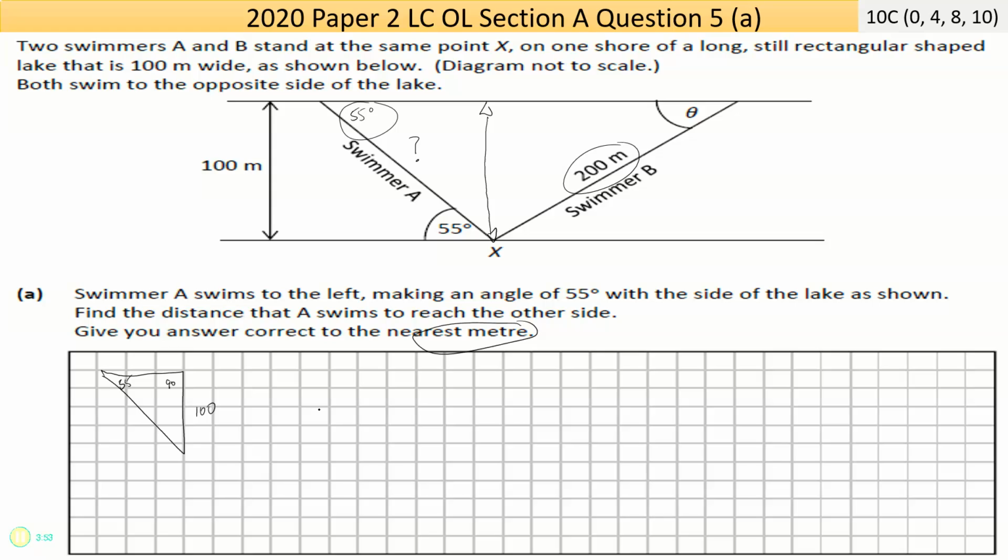Now, I can't use Pythagoras because I only know one of the three sides, but I can use the trig ratios. Sine is equal to opposite over hypotenuse, cos is equal to adjacent over hypotenuse, and tan relates to the opposite over adjacent. If this is the angle I'm looking at, then this 100 becomes my opposite. This is my adjacent, and the side across the right angle is always the hypotenuse.